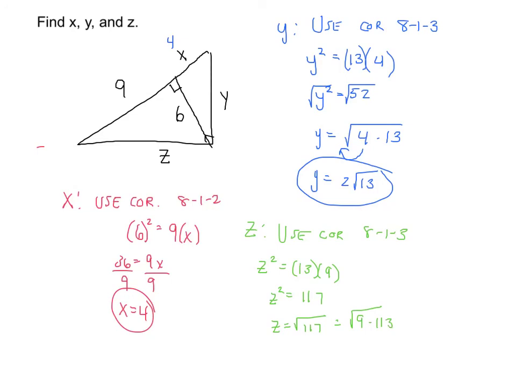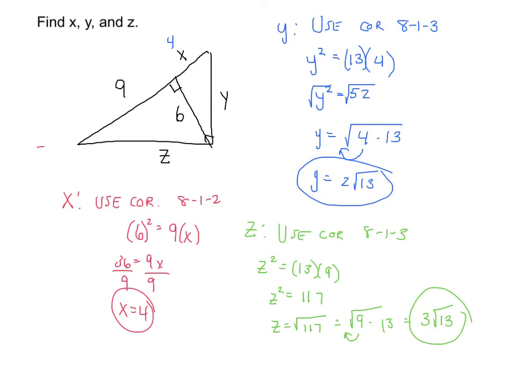But since you know the square root of 9, the 9 comes out. Take the square root of that now, which is 3 square root of 13. I noticed that I made a mistake right here because it should have just been 13 instead of 113. So anyway, z now is 3 square root of 13.